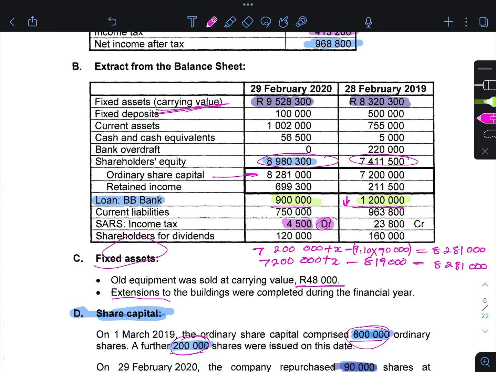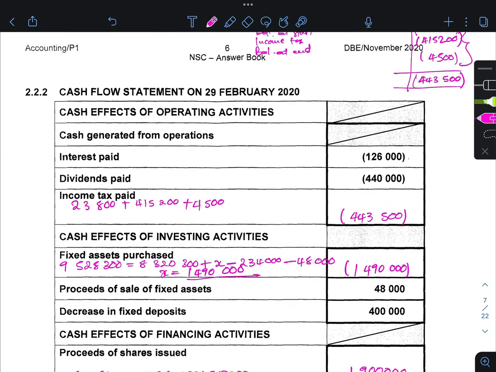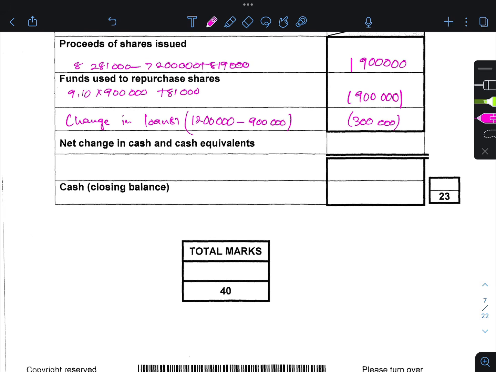So we paid a portion of our loan, which happens to be 300,000. So our loans decreased, and that simply shows that we paid 300,000 on our loan. So it's 1,200,000 minus 900,000. That's your calculation. It's an outflow.